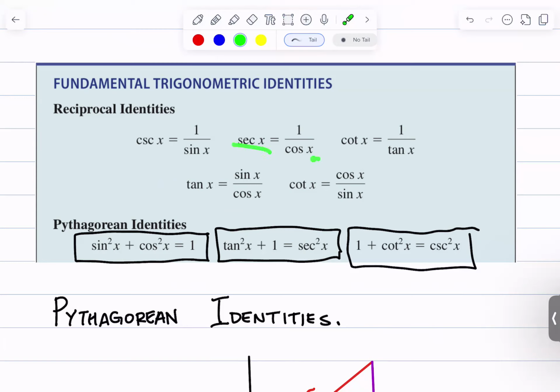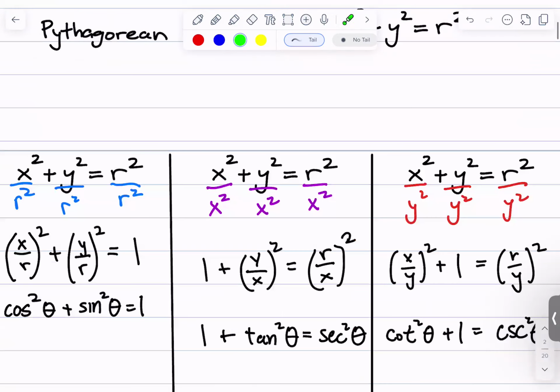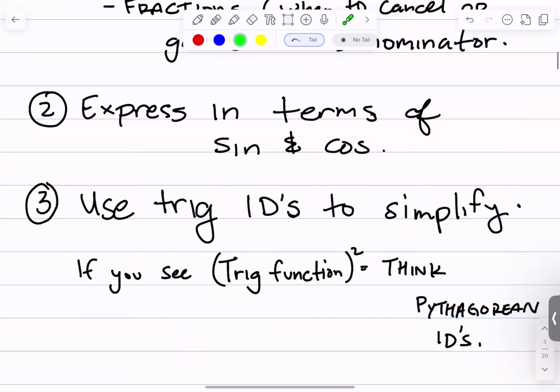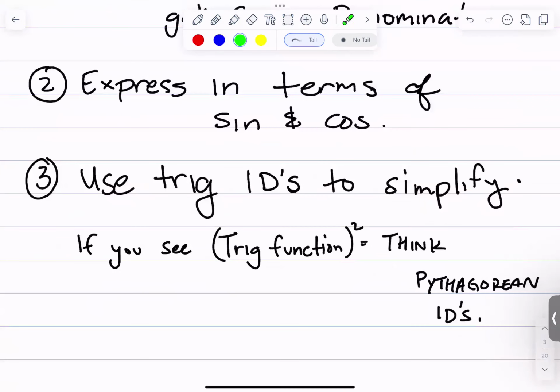Secant is the reciprocal of cosine. Tangent is sine over cosine, and cotangent is cosine over sine. So with these four here, we can express everything in terms of sine and cosine. Okay? And then we're going to use these trig identities to simplify them.